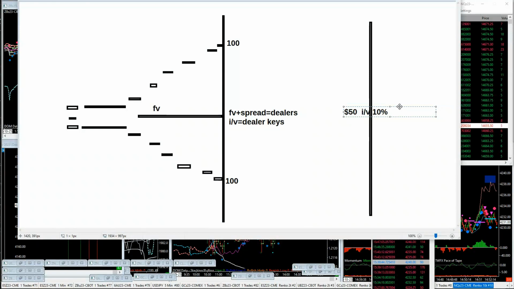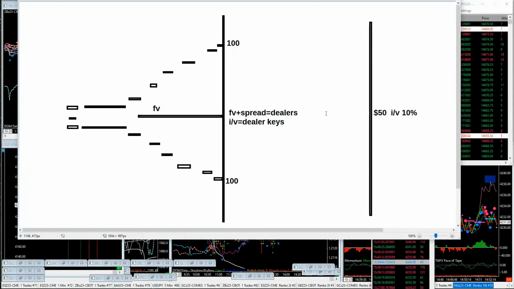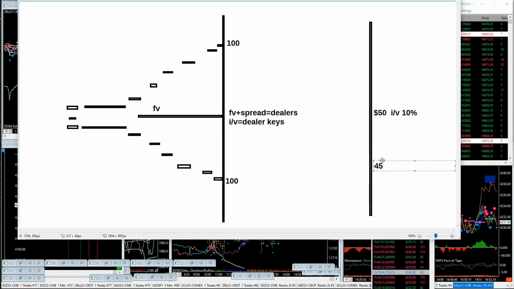What's your dealer keys on this? $45, $55, right? So the dealer's key is going to be a price of $45, and there's going to be a dealer's key of $55, right? Everybody agree with that?